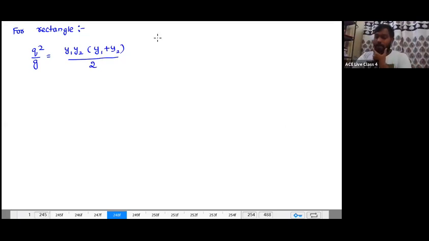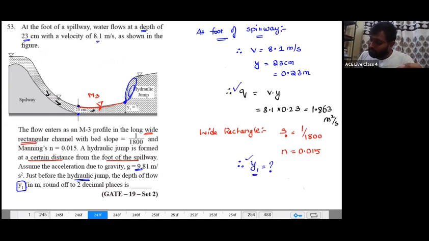But the biggest question here is, I want y1, so what is y2? After the jump, is it going to be a uniform flow or not?